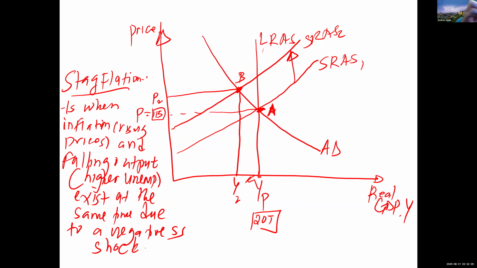It causes prices to go up and output to fall at the same time.